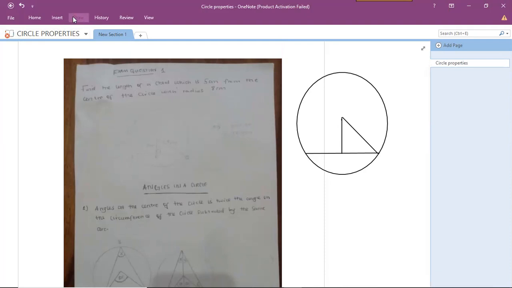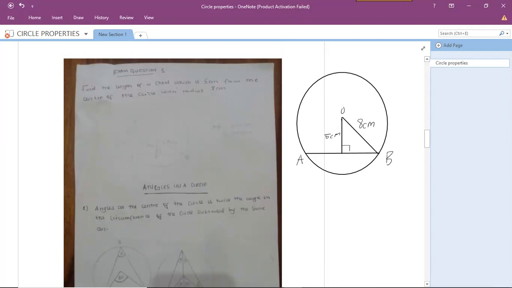And this point here is the center O, and this is 8 centimeters, and this point here is 5 centimeters, and that's a 90-degree angle. And the chord has been named AB.